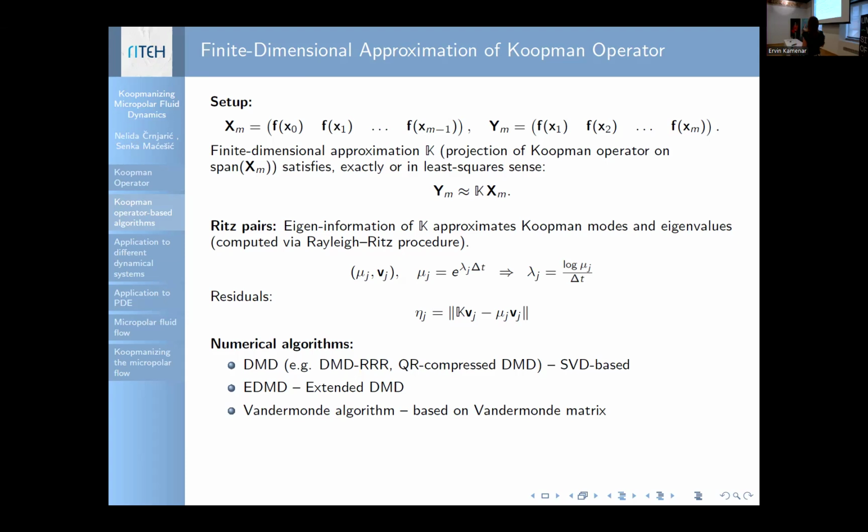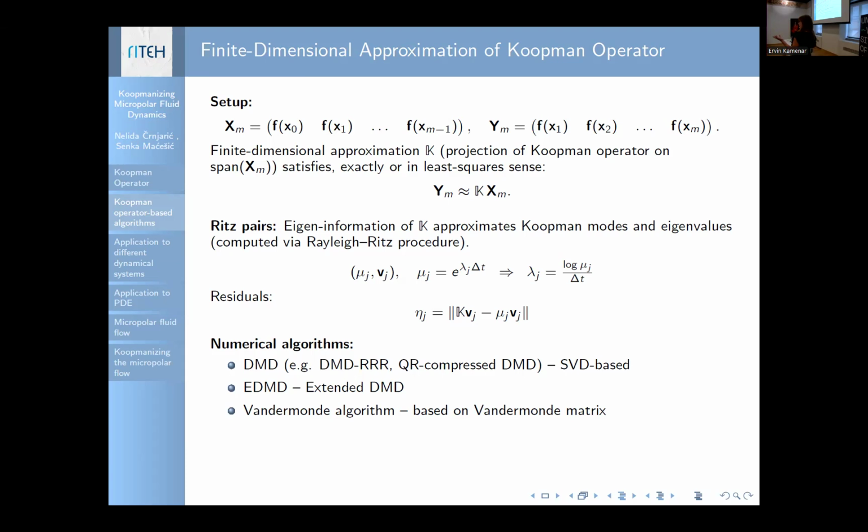As Zlatko already said, not all Ritz pairs are good approximations of Koopman modes, but we have this tool with residual evaluation, and by taking only those that have smaller residuals, we take only those that could be good approximations of Koopman modes.